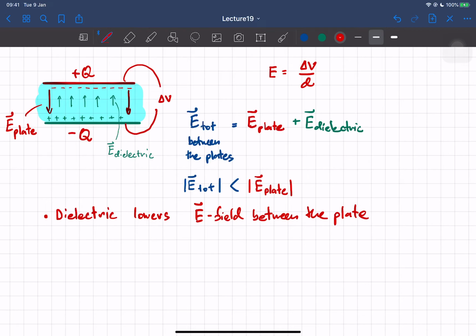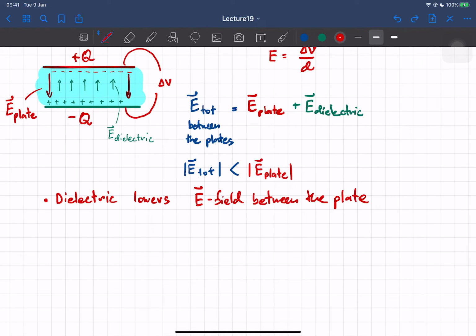That means the dielectric lowers the E field between the plate according to this, because E total is actually less than E plate, which is again the electric field before you put in the dielectric.